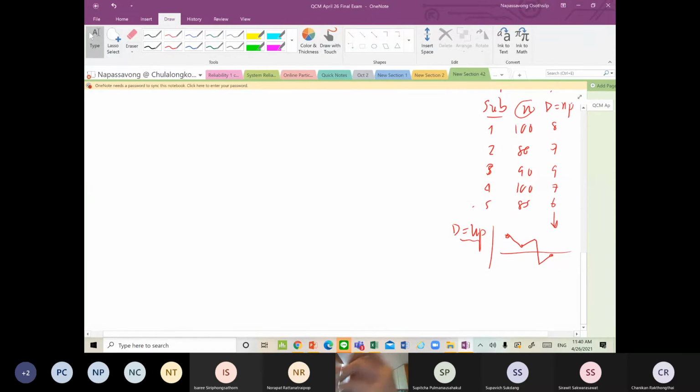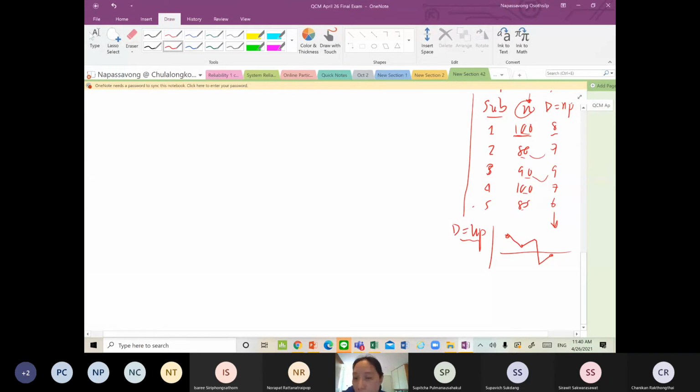When you have the situation that n are different over subgroups, do you see that? N changes over subgroups, right? Or we can say that n is not constant over subgroups. And if we collect the data, for example, from 100 parts, we have 8 parts that are defective. And then we have the numbers for each subgroup, for example, 7 out of 80, 9 out of 90.